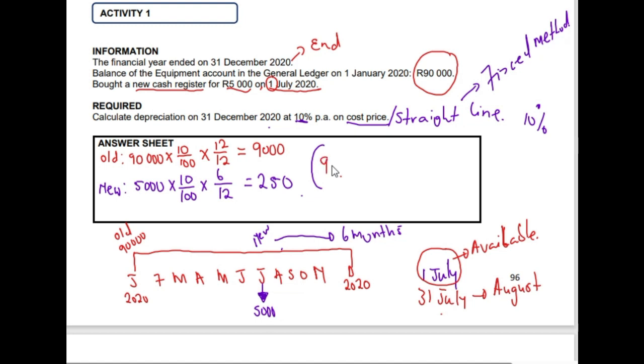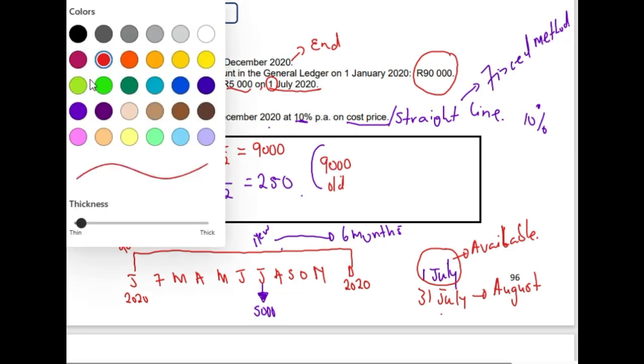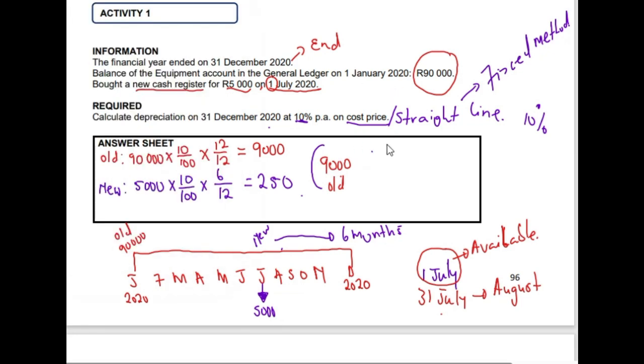It's going to be our 9,000, which is the old, plus our new equipment, which is 250. Our final answer is 9,000 plus 250, then we have 9,250 as our depreciation for the year.